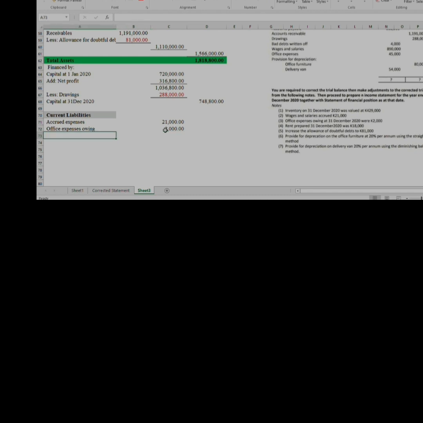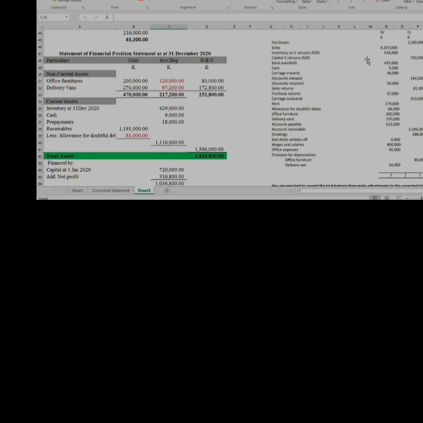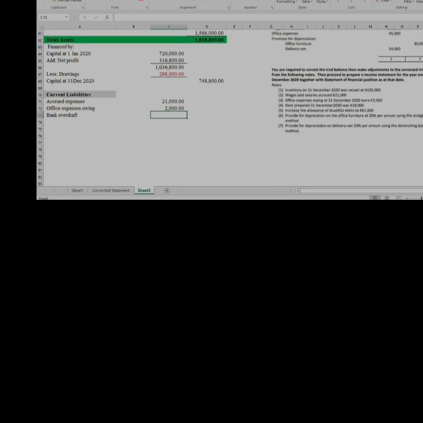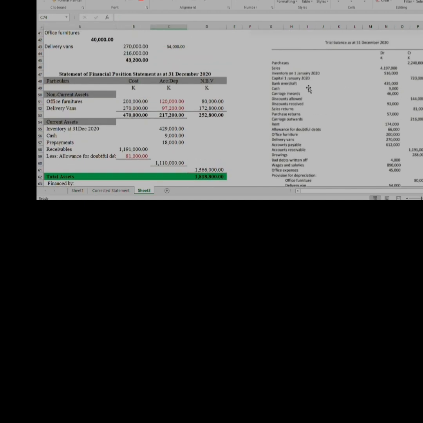After that one, we have got bank overdraft. Bank overdraft has been given as 435,000. Then we have payables, accounts payables, 612,000.